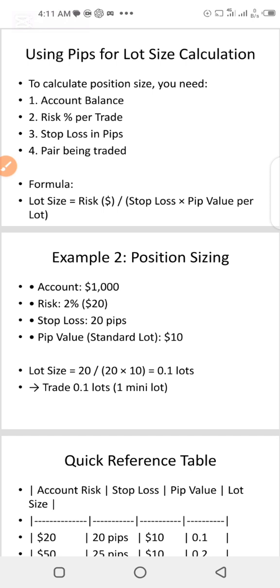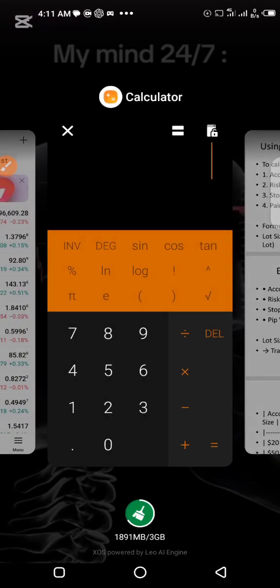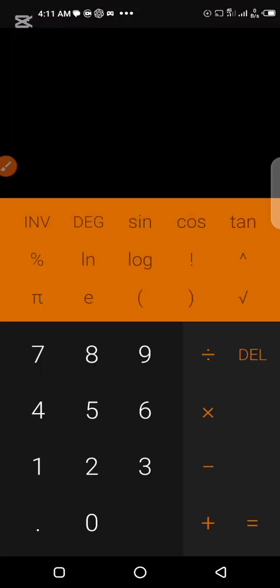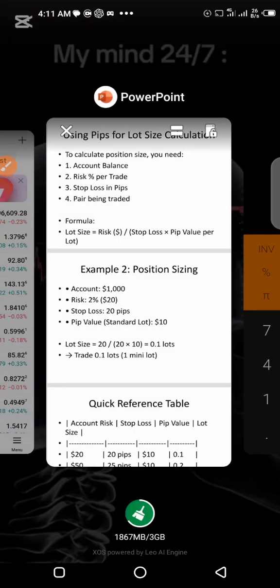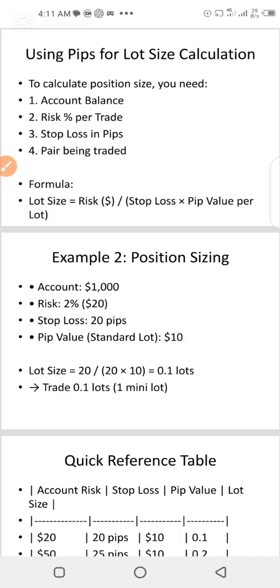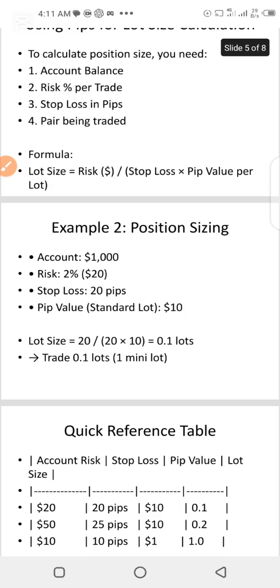So the lot size here is 20. What we are going to be using is the mini lot size, which is one lot size.